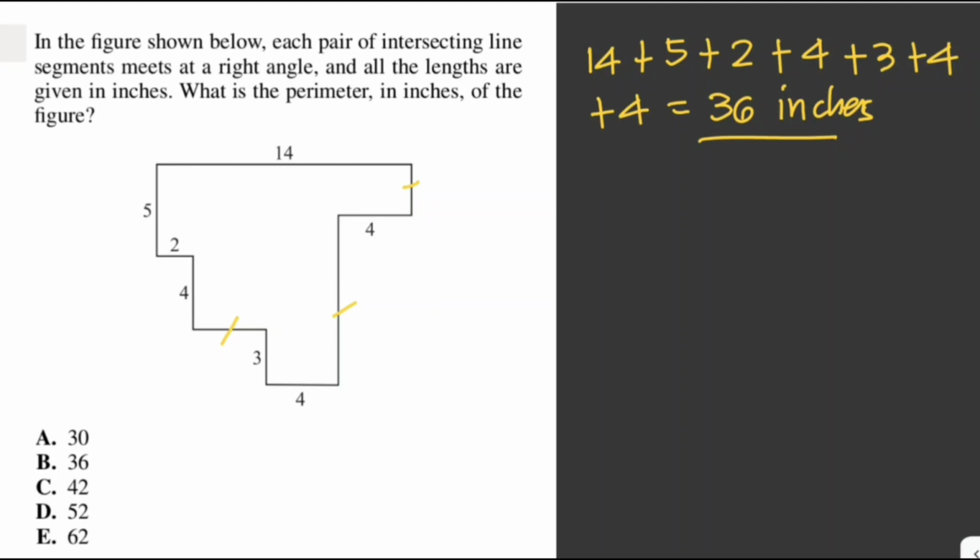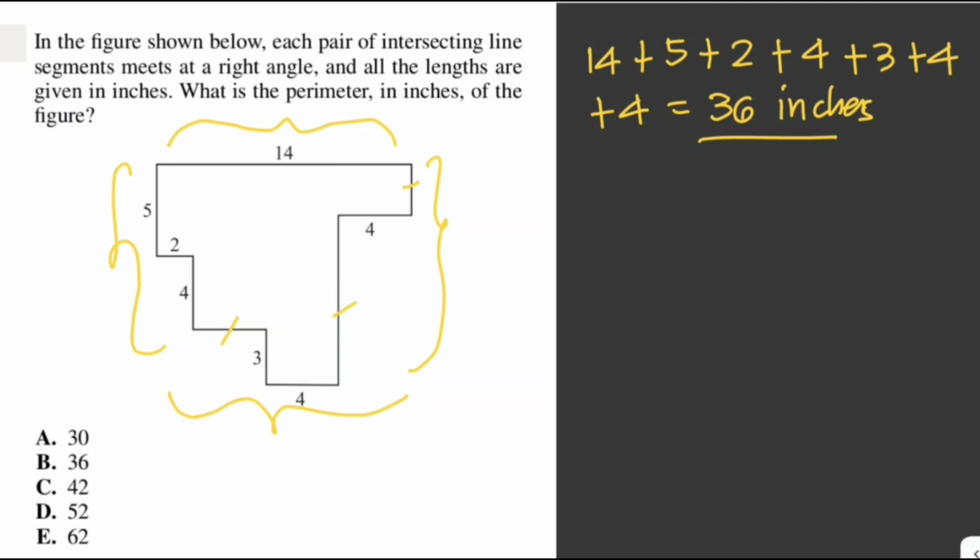So based on the figure here, we can see that the sum of the right facing sides equals the sum of the left facing sides, and the sum of the top facing sides is equal to the sum of the bottom facing sides as well.